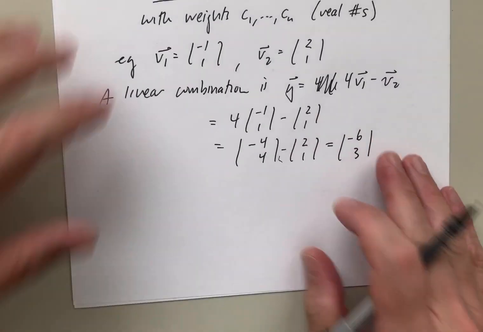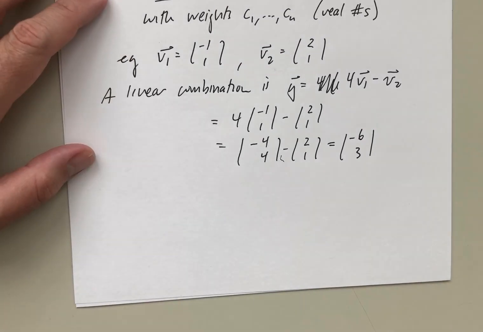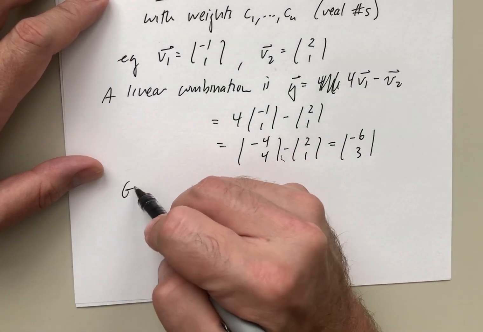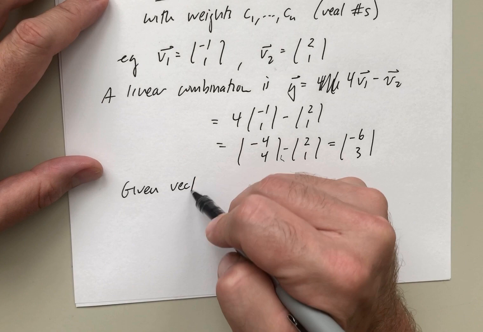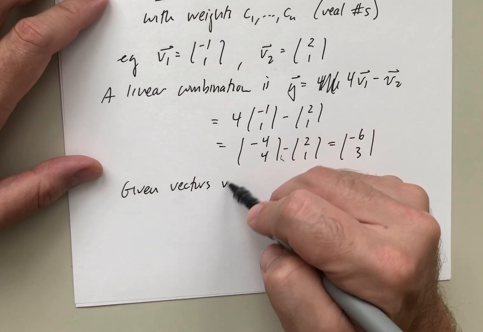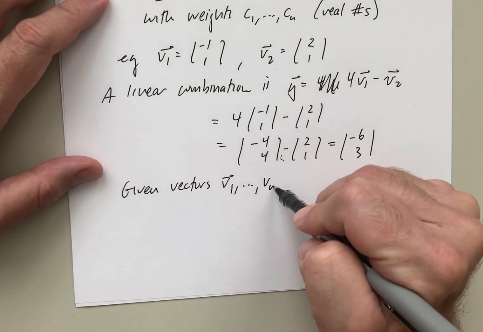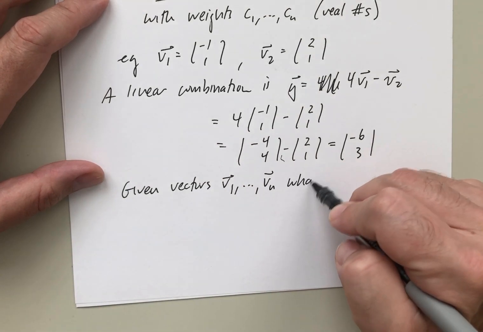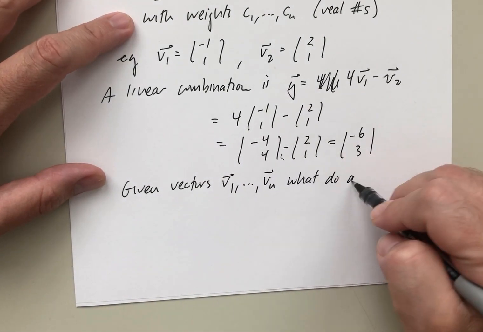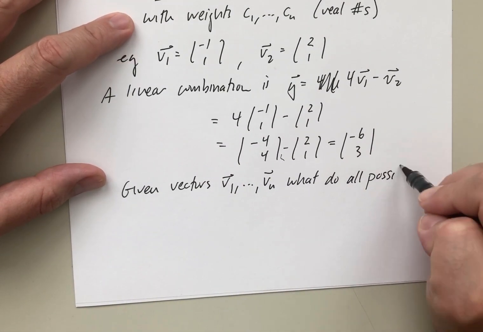What we're going to want to think about going ahead is, given vectors v1 through vn, what do all possible linear combinations look like?